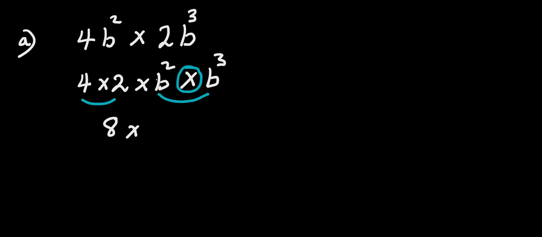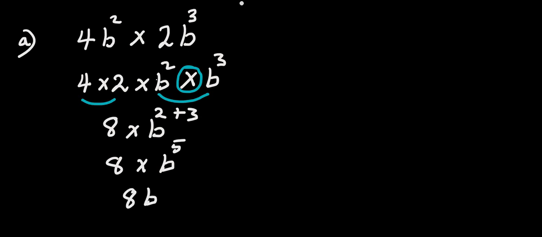We keep the base, which is b, and then add the exponents, which is 2 plus 3. So that will become 12 times b exponent 5, that gives you 12b exponent 5. So this is your final answer to this question. I hope this makes some sense.